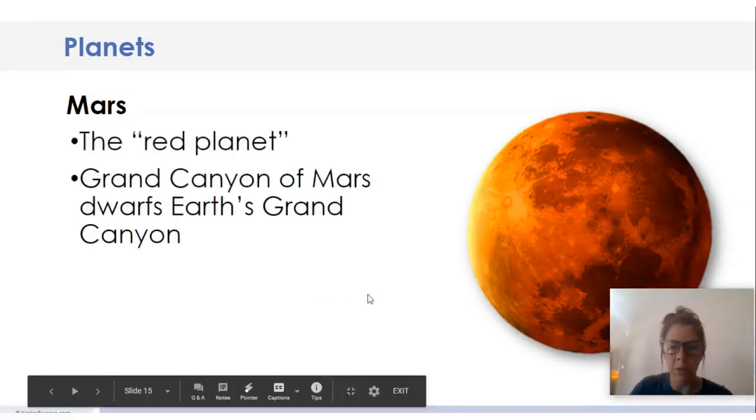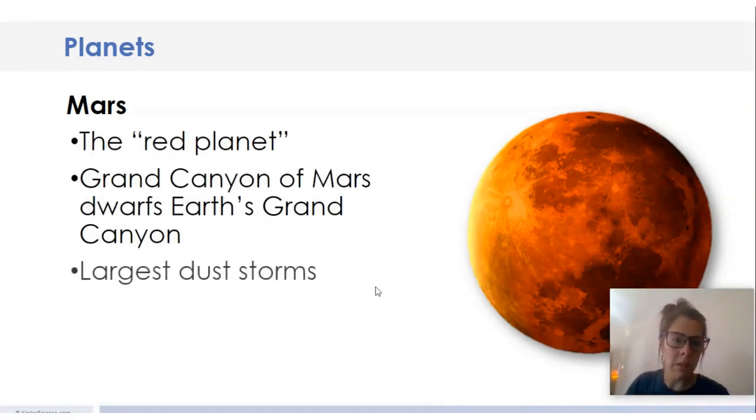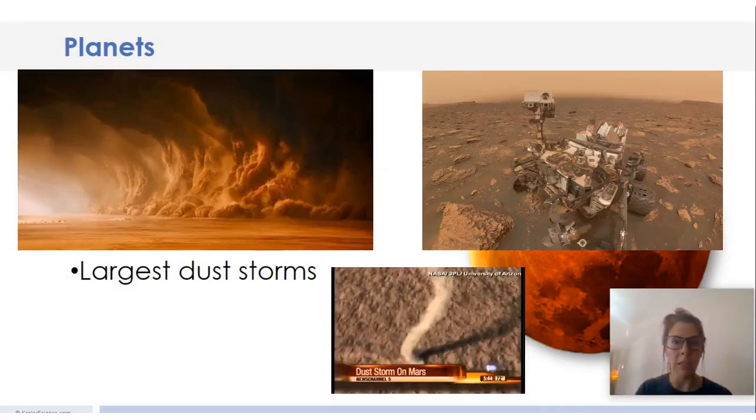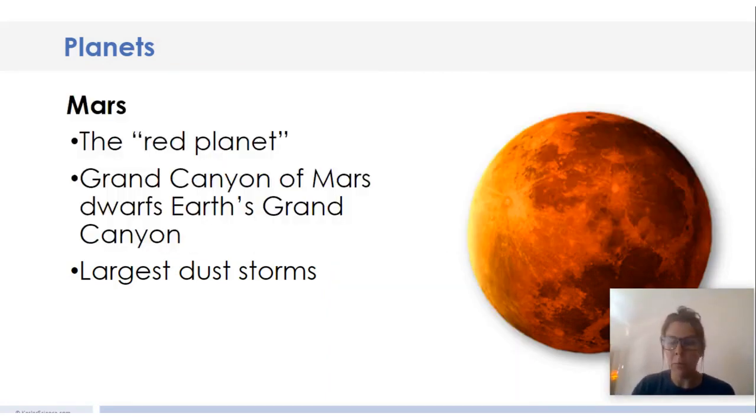Mars, like Earth, also has lots of weather. What Mars is known for are these large dust storms. In fact, they've been so bad, some of the rovers and robots that are on Mars exploring have gotten caught in these dust storms, covered in dust, and actually their solar panels couldn't access sunlight. So they would sit idle. They couldn't get power. So the dust storms on Mars can be pretty intense.